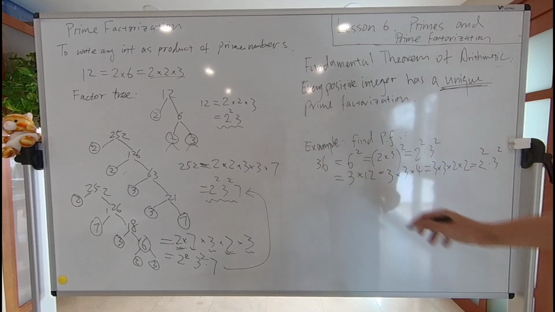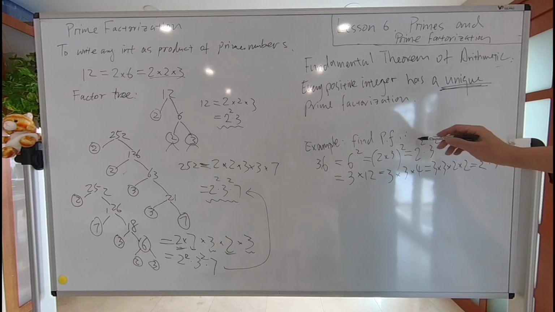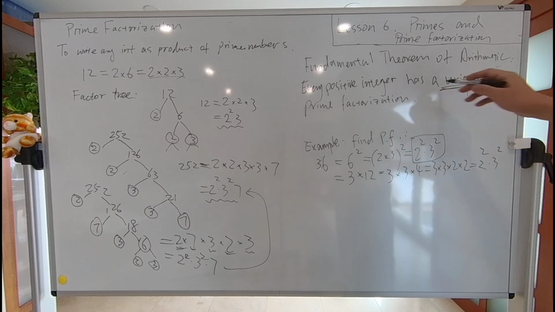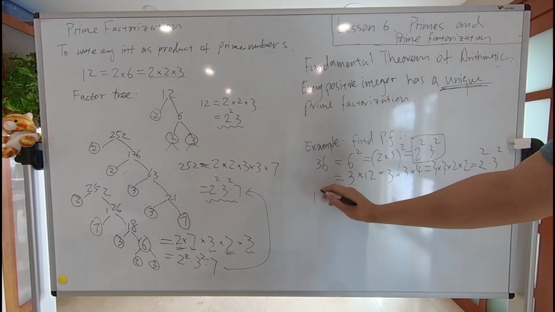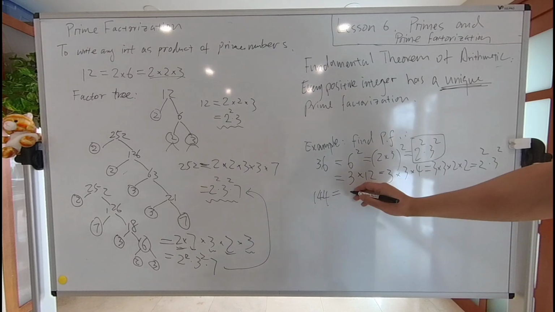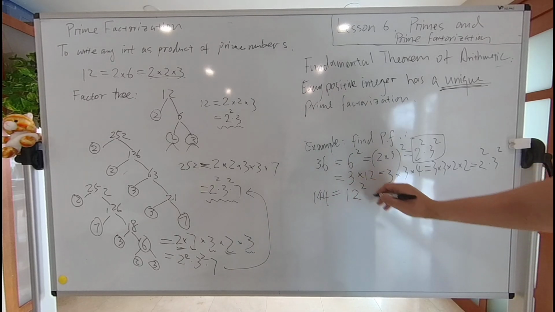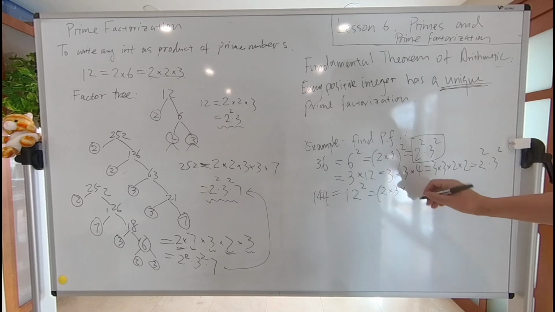I can write as many different combinations as I want, but eventually the result is always the same, because there is only one unique prime factorization. Similarly for another example, 144 is also a perfect square. It's the square of 12. Then 12 is 3 times 4, but further it's 2 times 3 times 2.